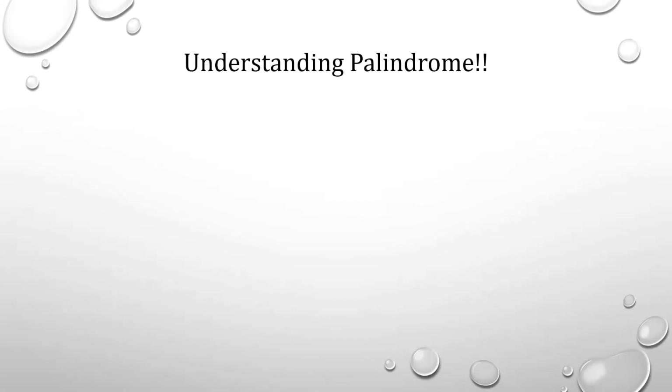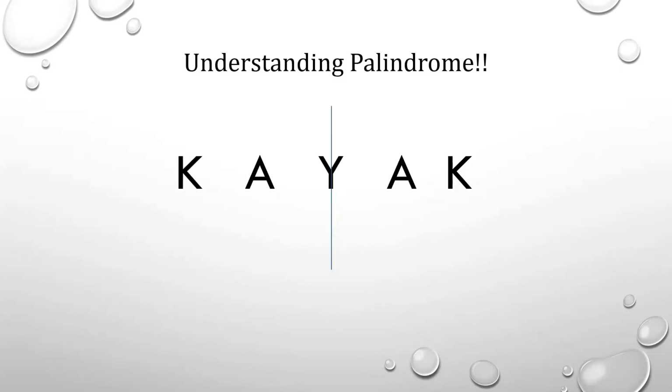Understanding palindrome. I really need to change the title of every page here. We'll assume the word kayak, which is a palindrome, and we'll try to come up with our solution to deduce if a word is a palindrome or not. I'm going to divide this in the middle, and because the number of letters in this word is odd, I would have to avoid doing anything with the letter in between.